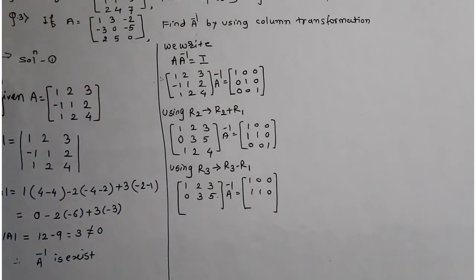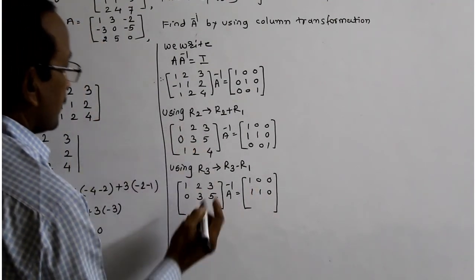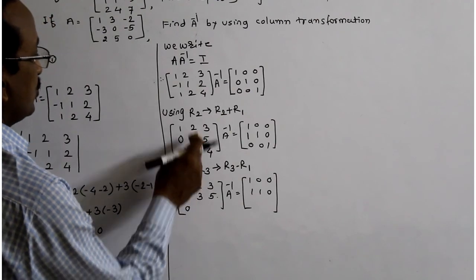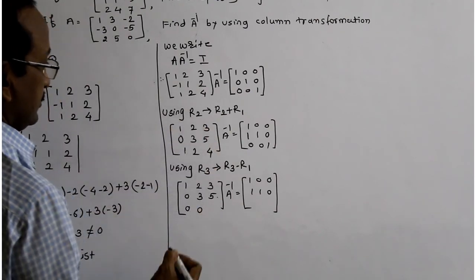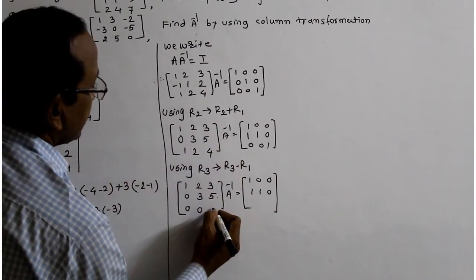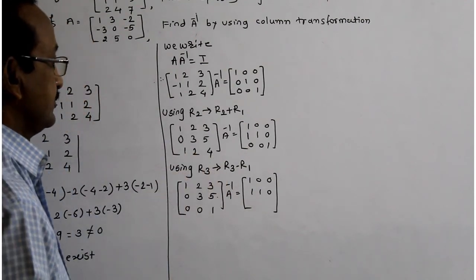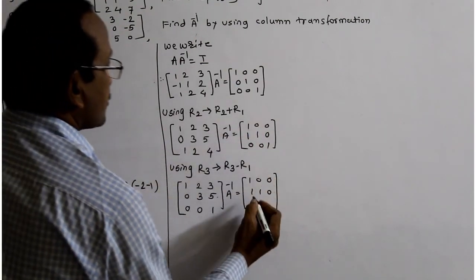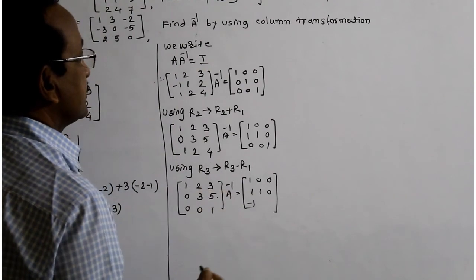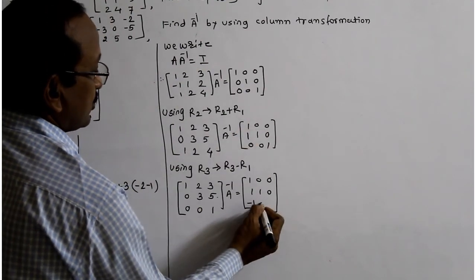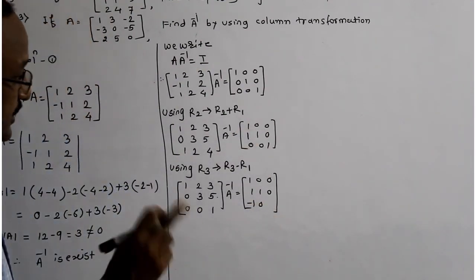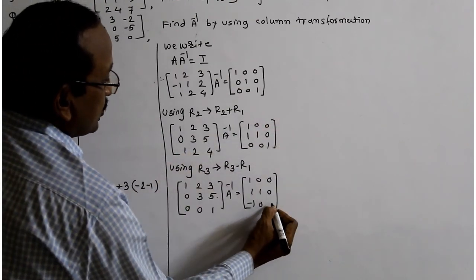Now here 1 minus 1, it is 0, then 2 minus 2, it is 0, then 4 minus 3, it is 1. Here 0 minus 1 is minus 1, 0 minus 0 it is 0, then 1 minus 0 it is 1.